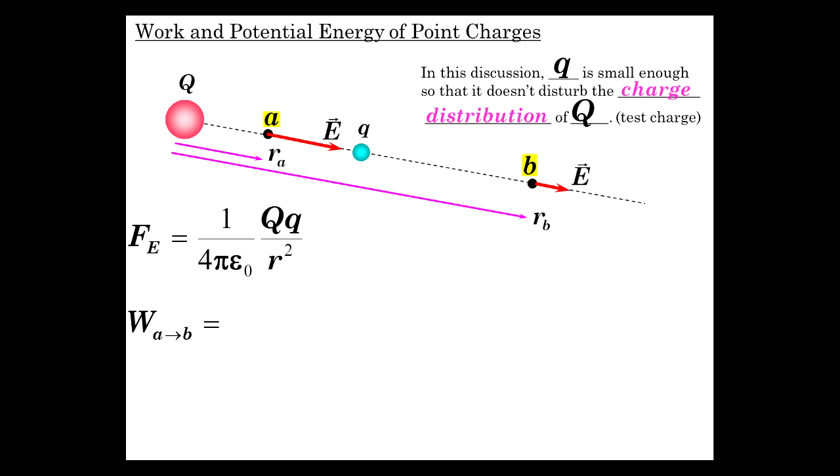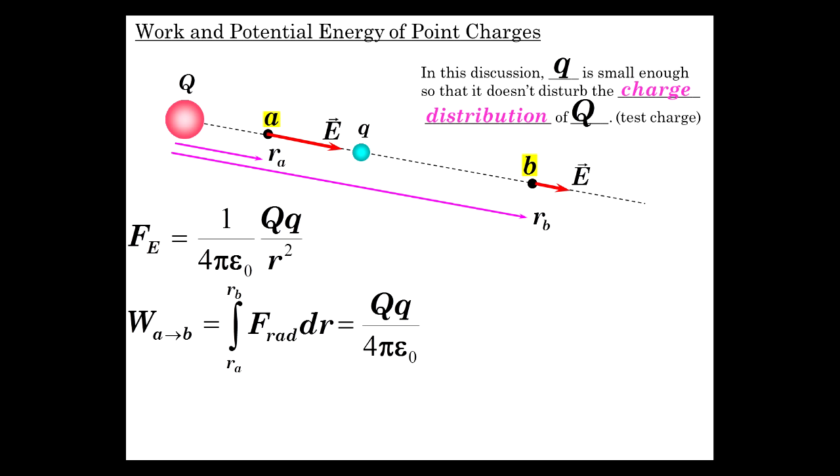So the work in moving little q from A to B as a result of the electric field produced by big Q is simply the integral of F dr from rA to rB. Now the force is radial, so I put F radial. And it's always in the same direction as dr along this path, so it's a real simple scenario. We don't have to worry about cosine of theta in this case, it's always 1.